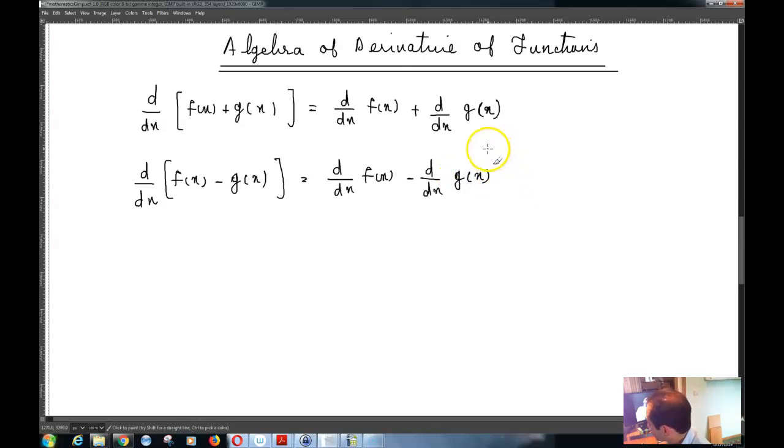And then the derivative of the product of two functions is given by the following product rule.